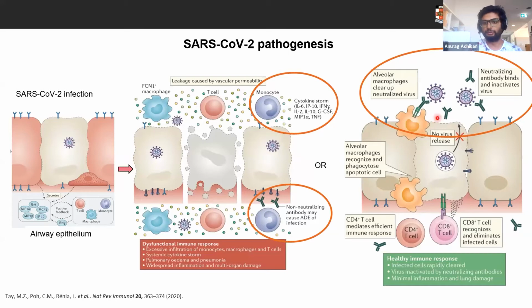With this good innate immune response, you will have a better adaptive immune response to follow, which would sustain the clearance and maintain the adaptive response for a longer period of time. The infected cells are cleared better, the neutralization happens strongly, and there would be minimal inflammation and tissue or lung damage.